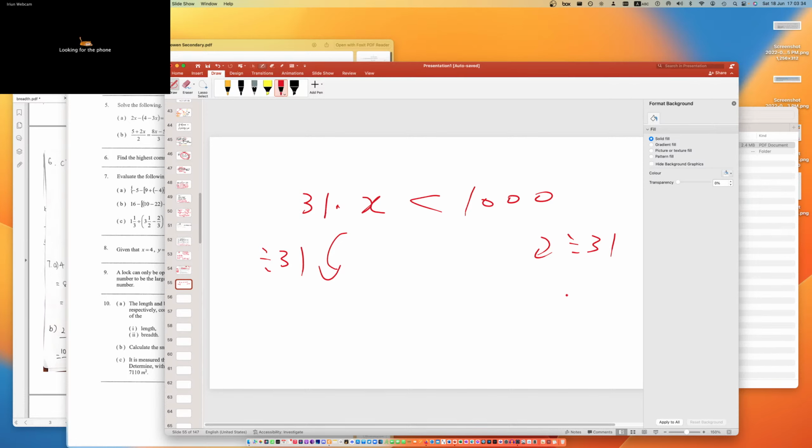For an equal sign, just do it normally. But for this one, if you divide or times a negative number, you need to switch the sign. In this case, I divide by 31, so no need to switch. Can you help me out? 1000 divided by 31. Give me a mixed number.